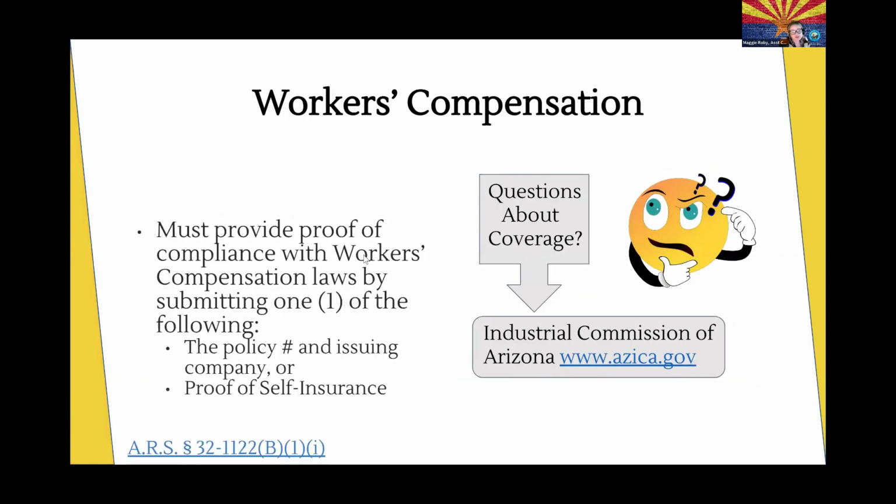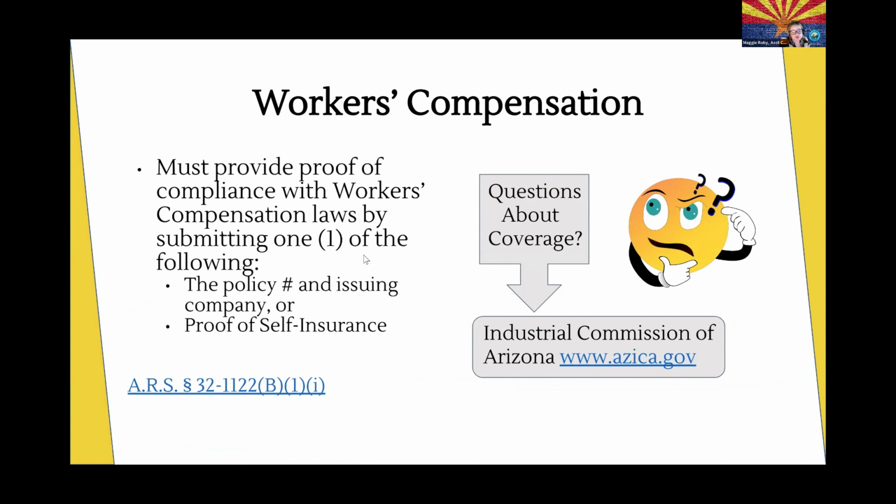Workers' compensation. If you are going to have employees, or you have employees, then you need to provide us with workers' compensation. We're just looking for your policy number and the company that's issuing your policy. If you're self-insured, then we need that proof of self-insurance.